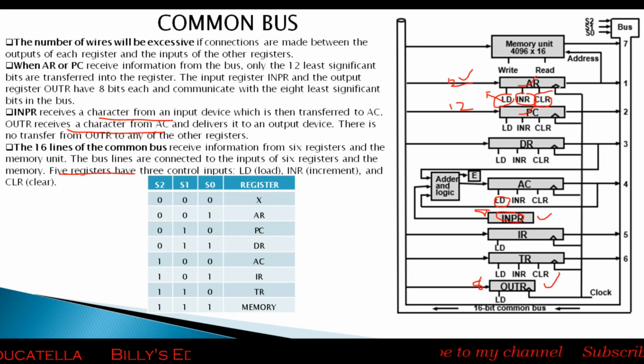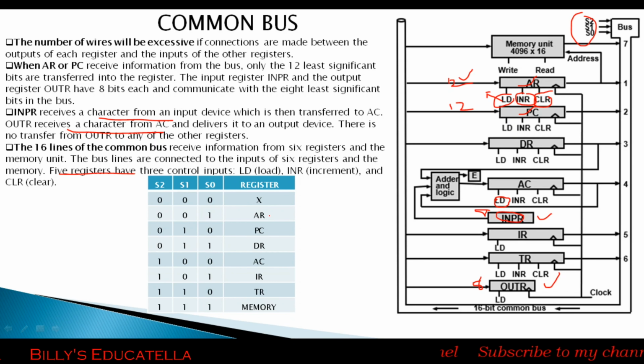How do the address register, program counter, data register, AC, input register, instruction register, temporary register and output register get enabled? The selection lines are used to select which register has to send its output to the common bus. When the selection line value is 0, no register is called.